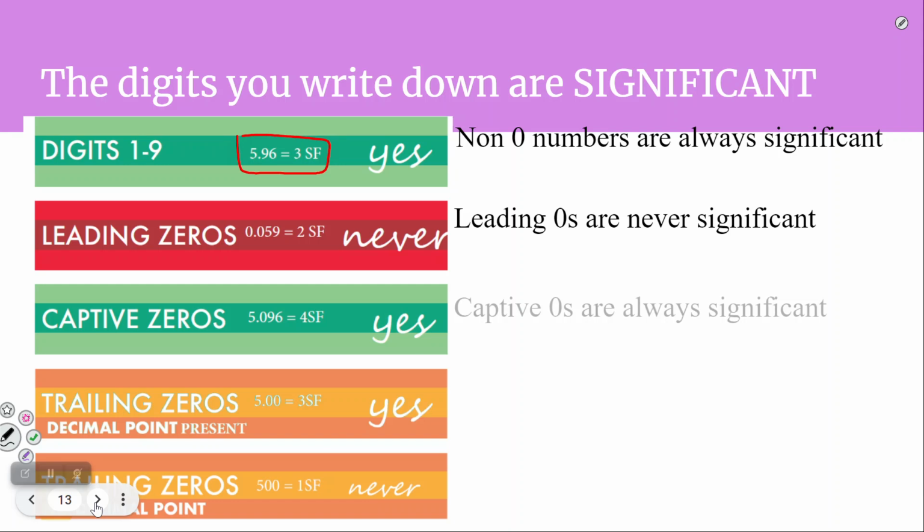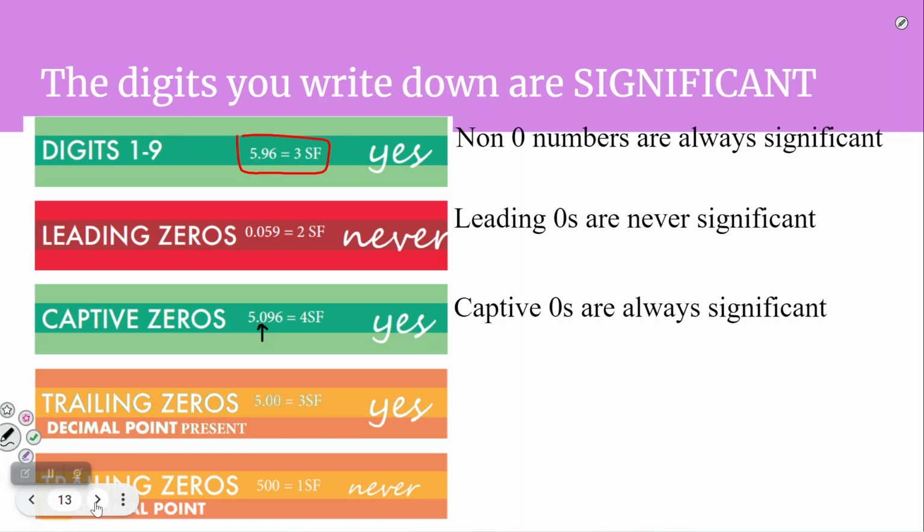Okay, next. Captive zeros. Just like the name implies, captive zeros are the zeros that are sandwiched between digits that are not zero. So for example, this 0 right here is a captive 0. The reason those are significant is because they are taking part in reporting measurement. If you have a 5 in front, followed by a 0 and a 9, that means you took measurement in the beginning, you took measurement at the 9, even at the 6.